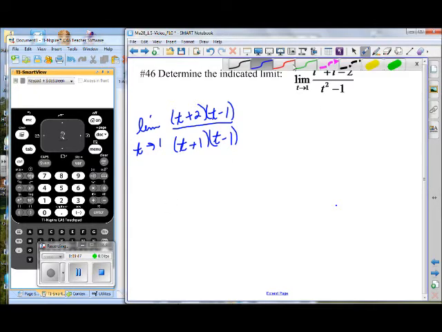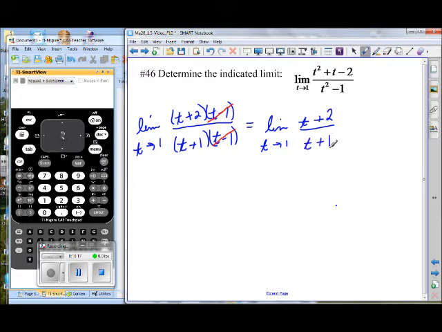Now remember, we could not use direct substitution because it made the denominator 0. What I'd like to do is eliminate that problem, and by factoring I can cancel out some factors, t minus 1, leaving me with the limit as t approaches 1 of t plus 2 divided by t plus 1.